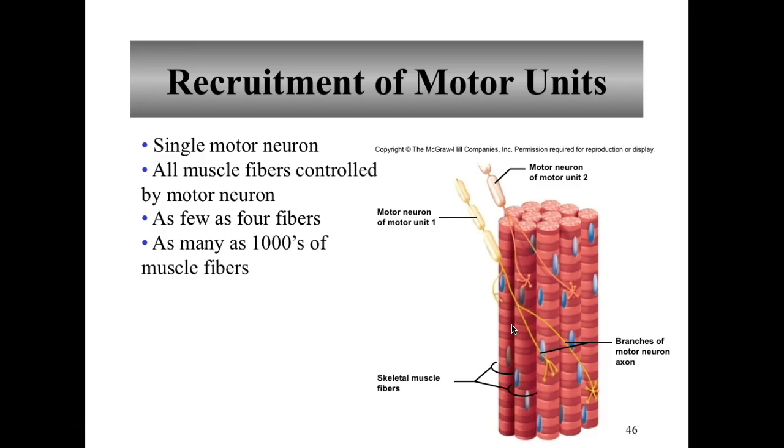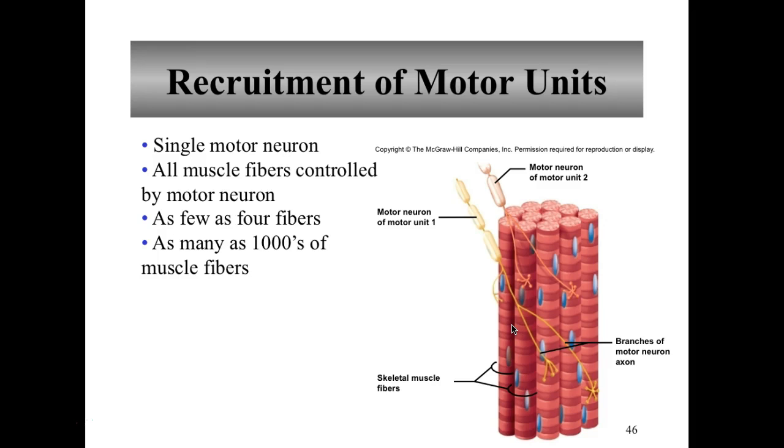And ultimately that will lead to a contraction that is going to be simultaneous. The number of muscle fibers in a motor unit is going to vary from tens to hundreds or more. We looked at that right there on the slide.